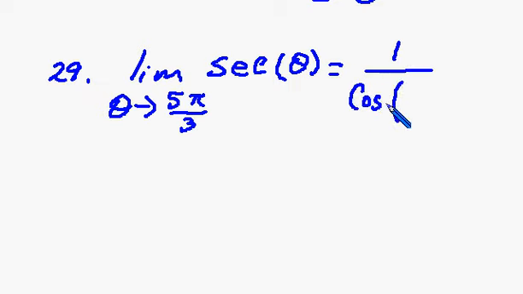And so you need to remember what the cosine of 5 pi thirds is, which happens to be 1/2, I do believe. I'm trying to remember myself. And so this is all equal to 2.